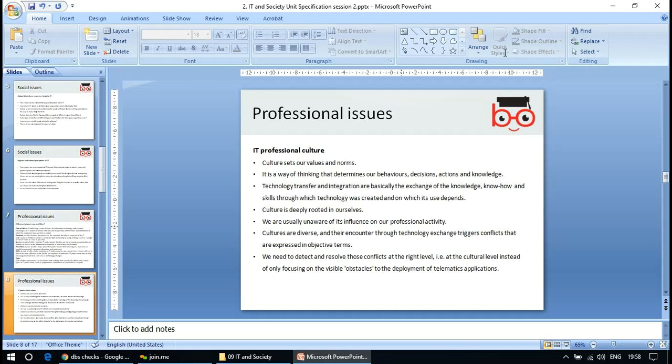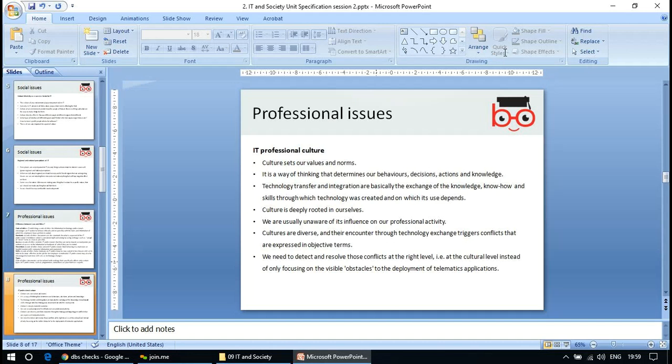We are usually unaware of its influence on our professional activity. Cultures are diverse and their encounter through technology exchange triggers conflicts that are expressed in objective terms.